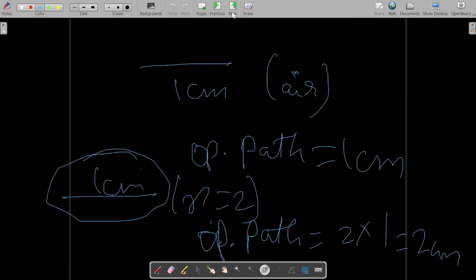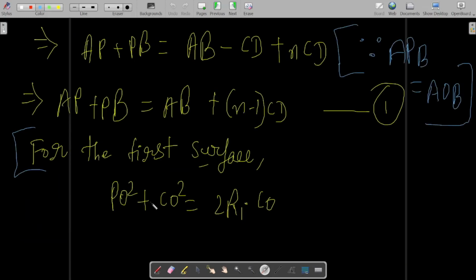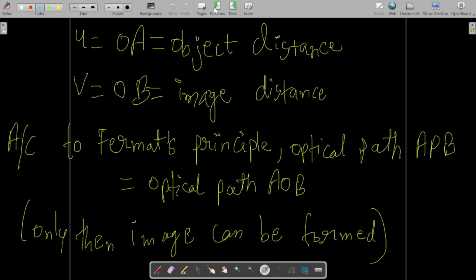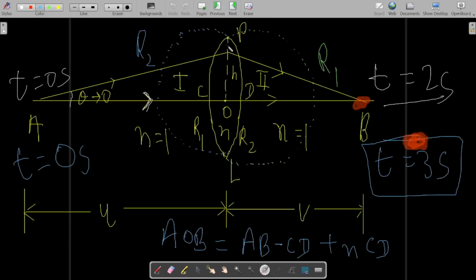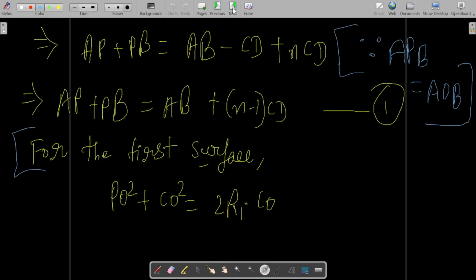So for the first surface, what does it say? PO square plus CO square. What is it equal to? It is equal to 2R1CO.